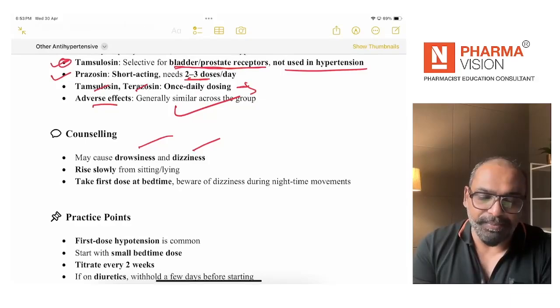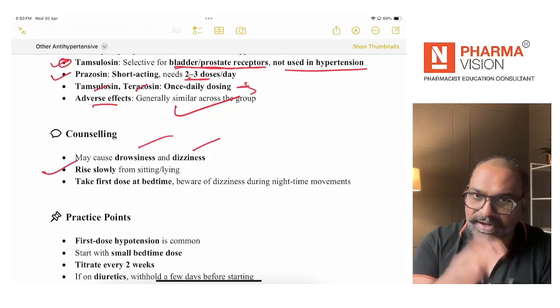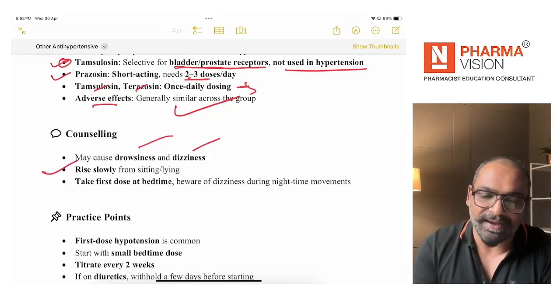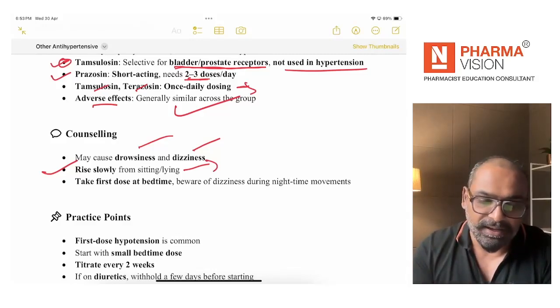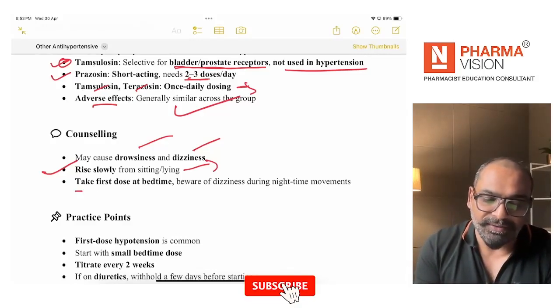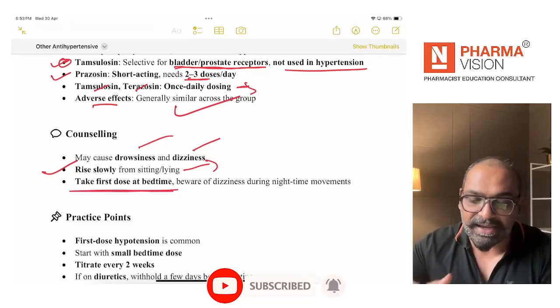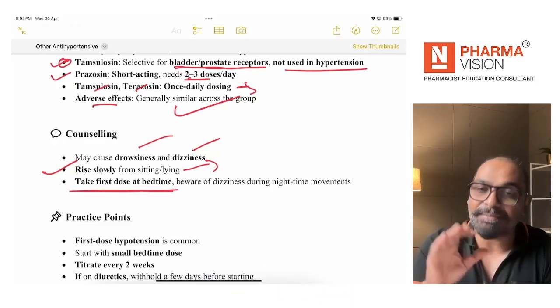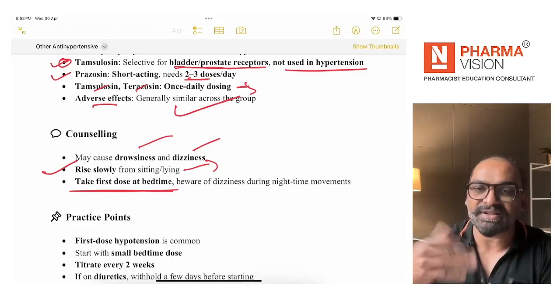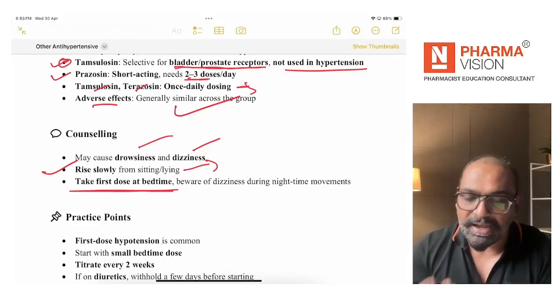Drowsiness and dizziness happen, so change your position gradually, otherwise that can cause syncope or hypotension. Take the first dose at bedtime. This is very important because taking the first dose at bedtime minimizes the chances of postural hypotension.